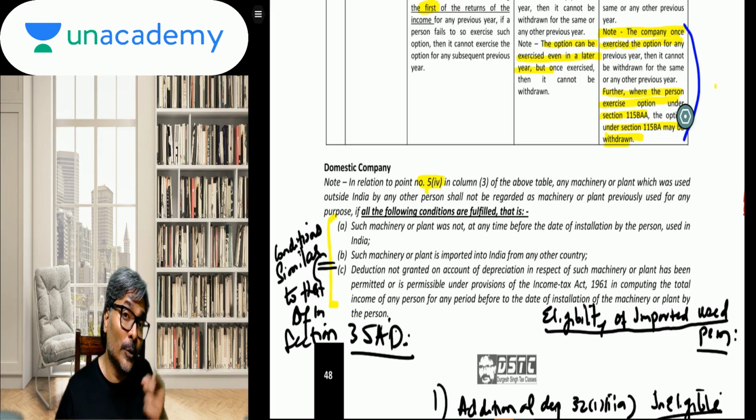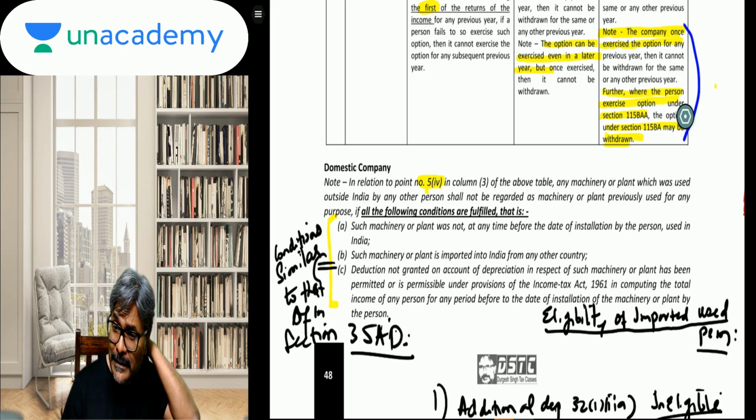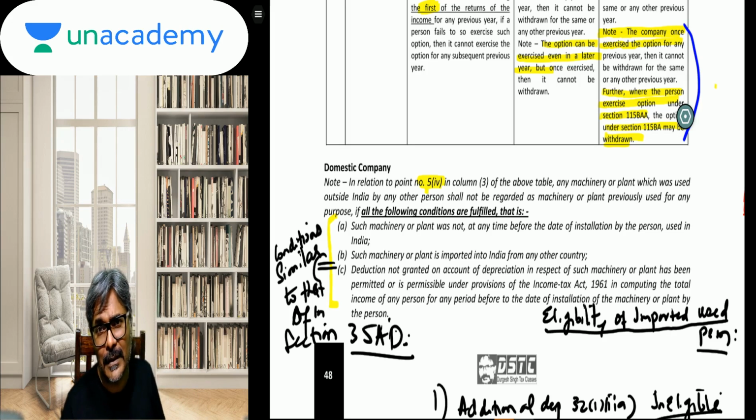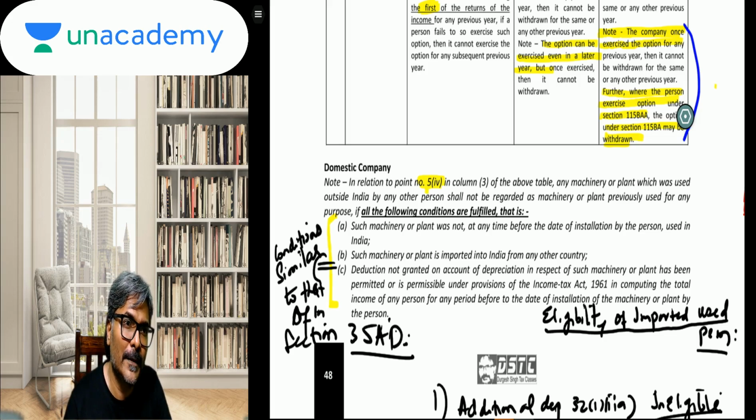But for the domestic plant and machinery, there we had this particular proposition of up to a limit of 20%.